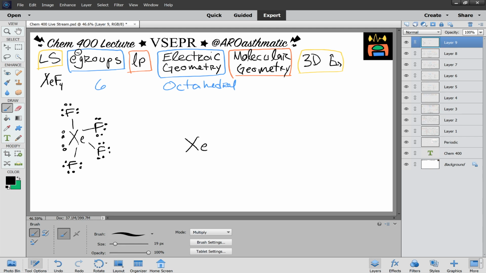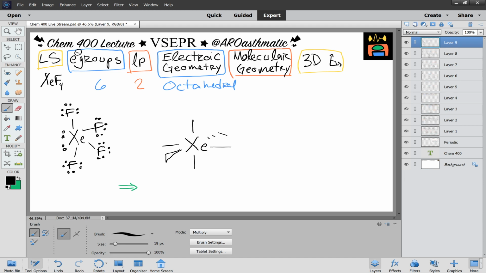All right, so for our 3-dimensional representation, for this one, I'm actually going to use the other way to draw an octahedron. All right, now, here we have 2 lone pairs. And I said on the previous slide, it doesn't matter where you put your first lone pair, and that's true. You can put your first lone pair anywhere.